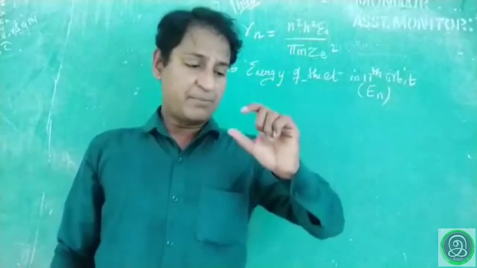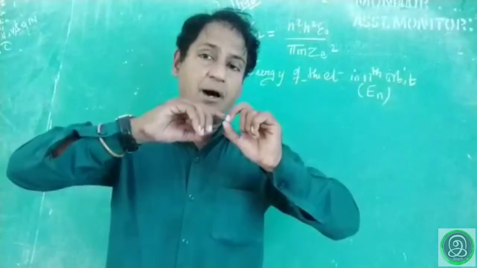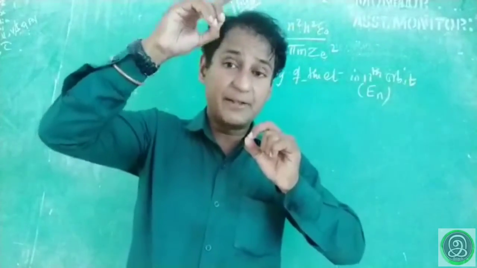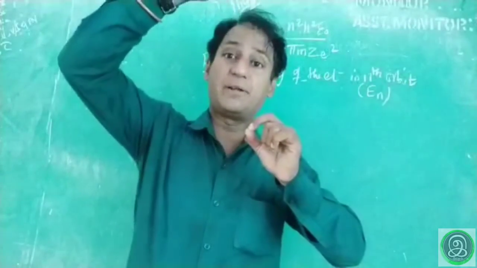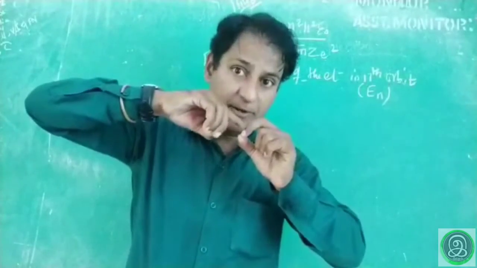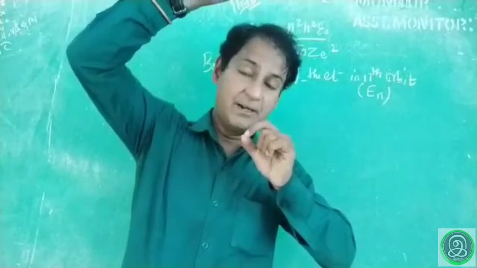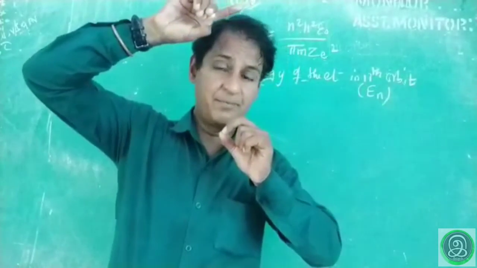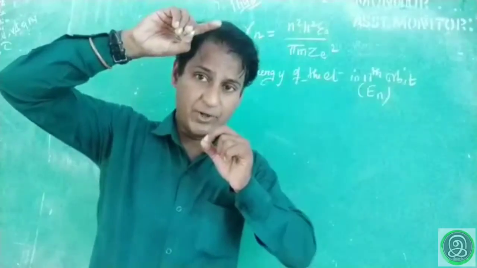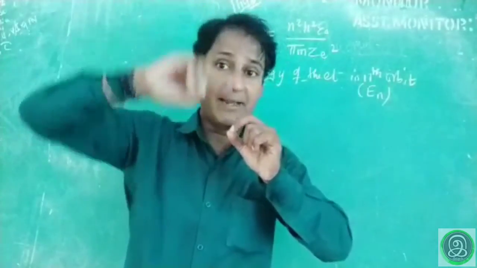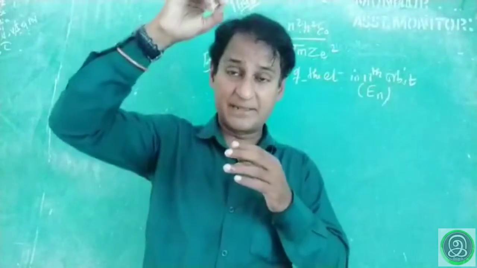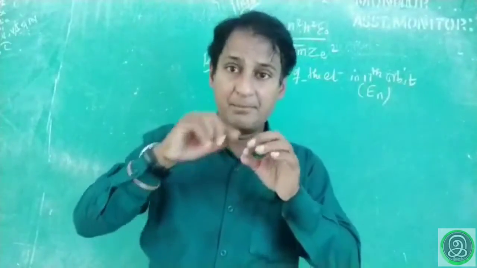And from the center of the nucleus, if that electron is somewhere in the nth orbit, the distance from the nucleus to that point is r suffix n, the radius of the electron in the nth orbit. But that Rn can also be considered as the height or the displacement of that electron from the nucleus.